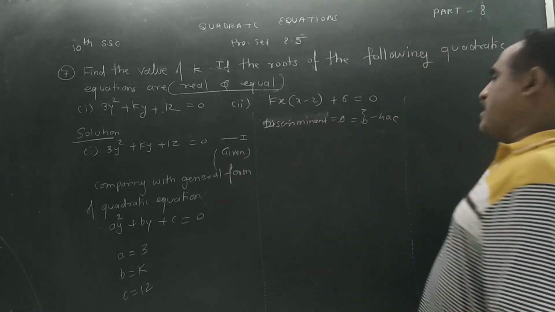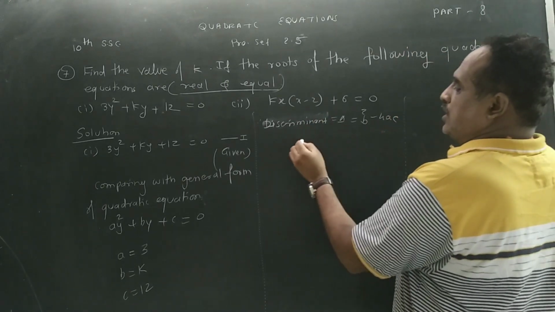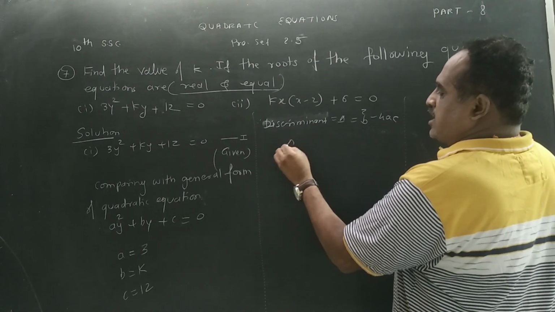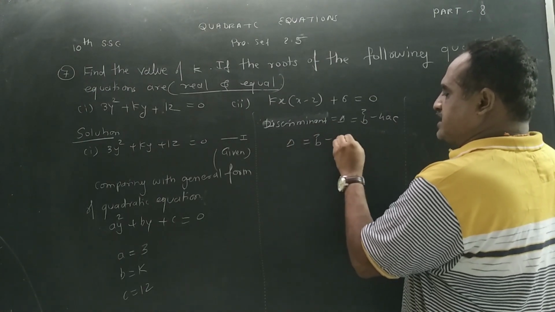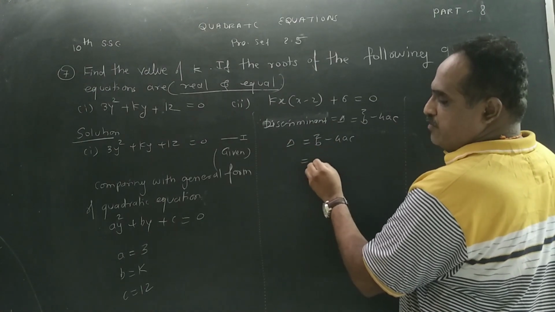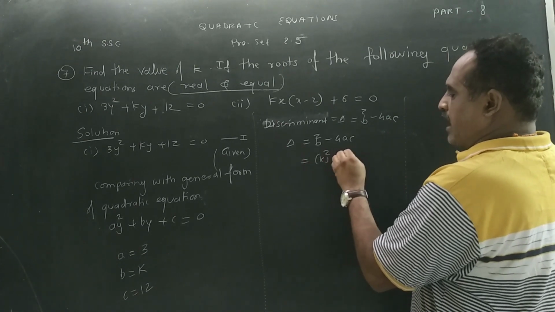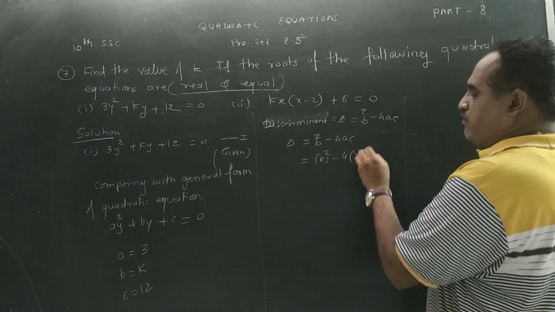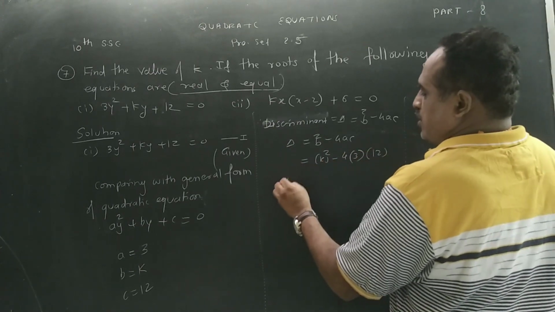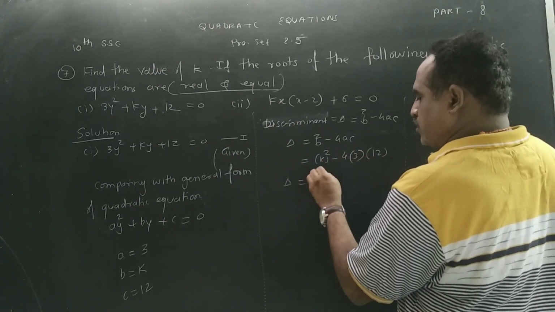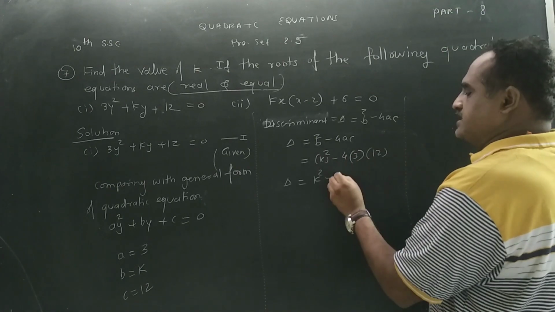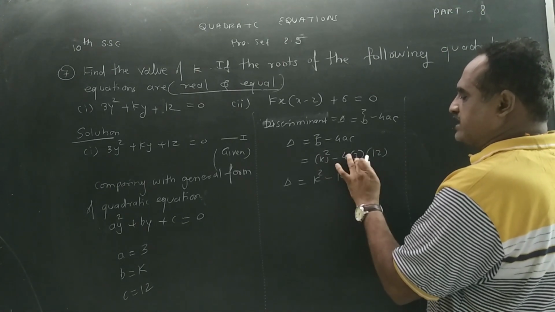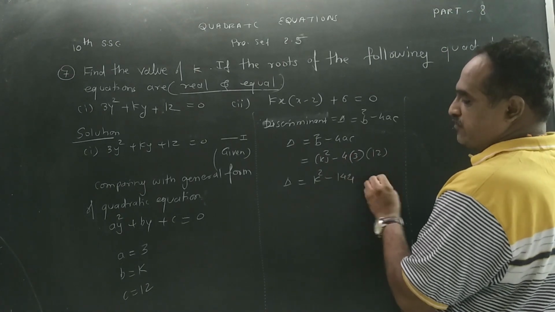Delta is equal to b square minus 4ac. So what is the value of delta? b square minus 4ac. The value of b is k, so k square minus 4 into a, which is 3, and c, which is 12. The value of delta is equal to k square minus 144. See, 4 threes are 12, 12 twelves are 144.